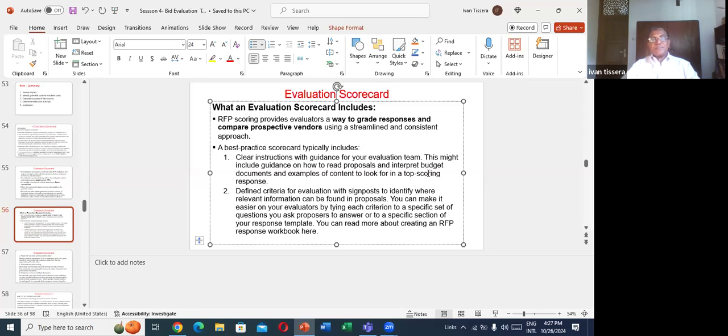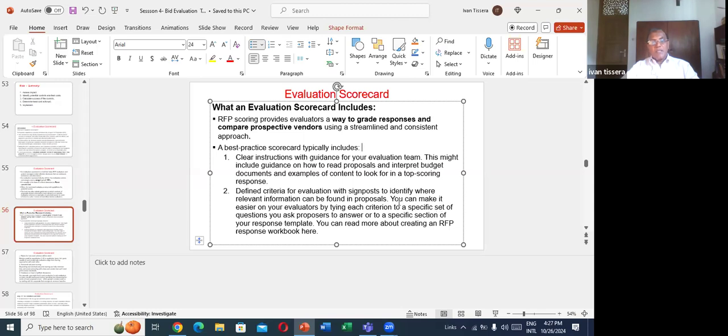So, how to give the marks. Define criteria for evaluation with signposts to identify where relevant information can be found in the proposal.